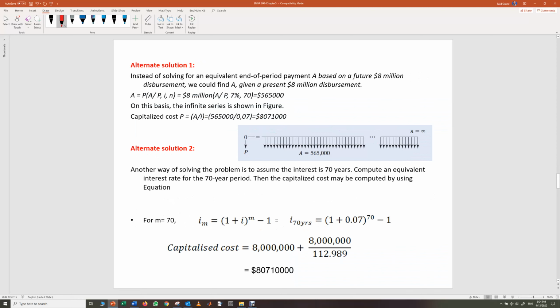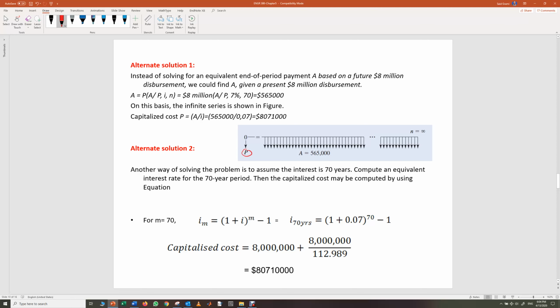So, alternative solution 1. Instead of solving for an equivalent end-of-period payment based on a future 8 million disbursement, we could find A given a present value 8 million disbursement. So A is P, which is 8 million.